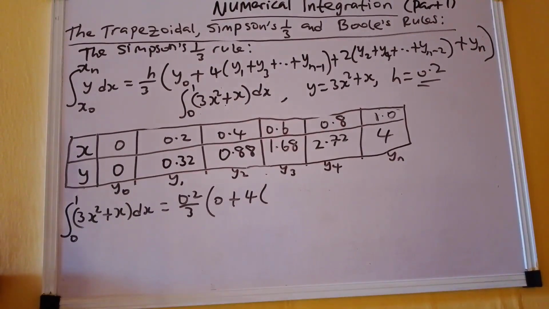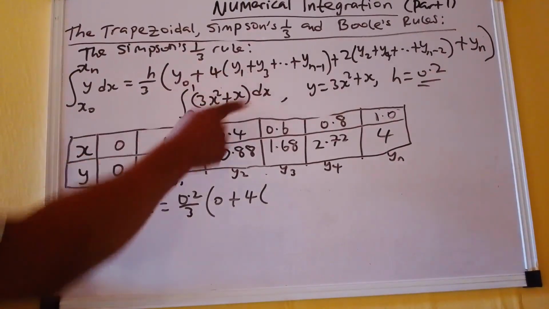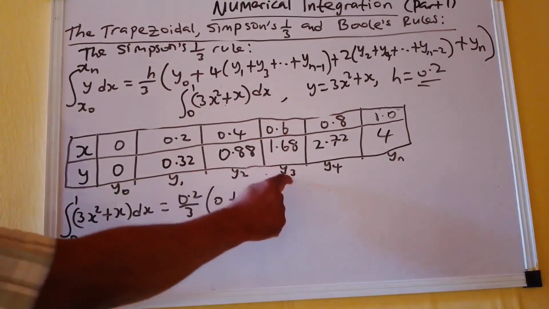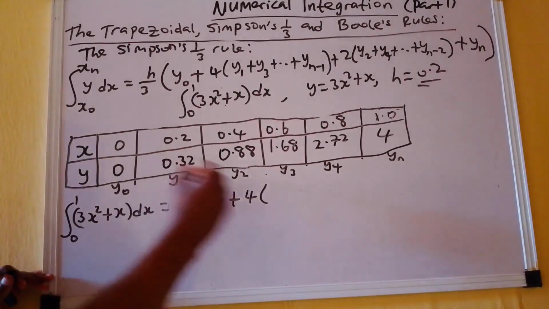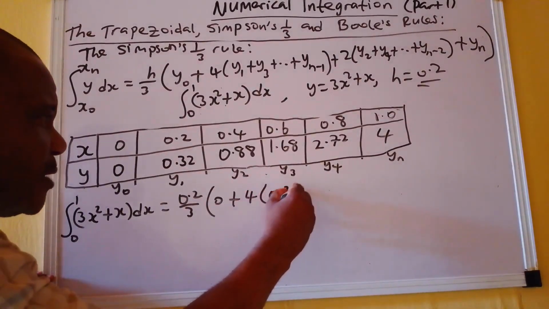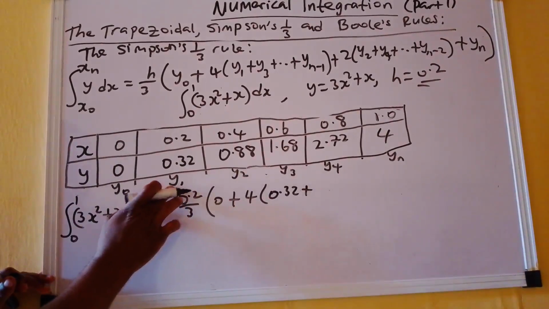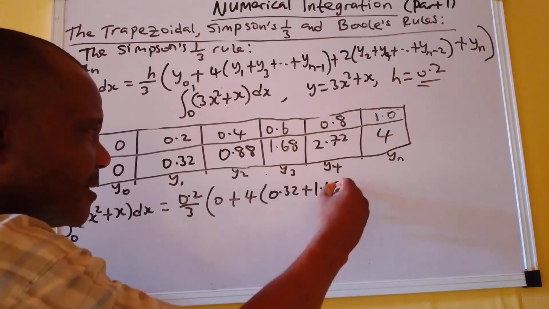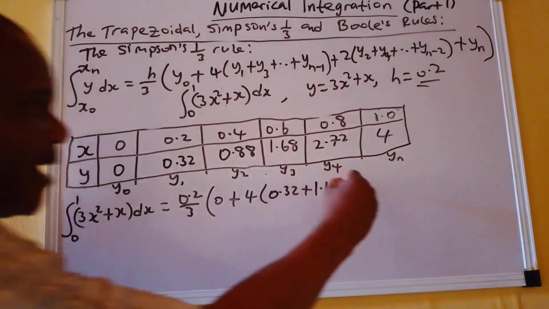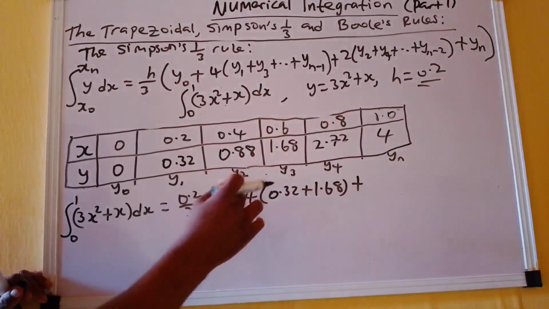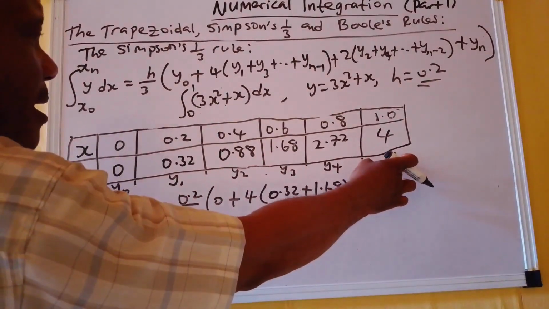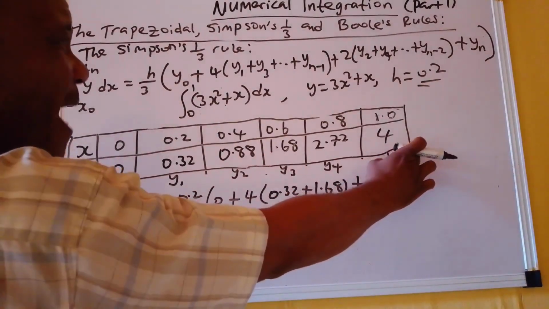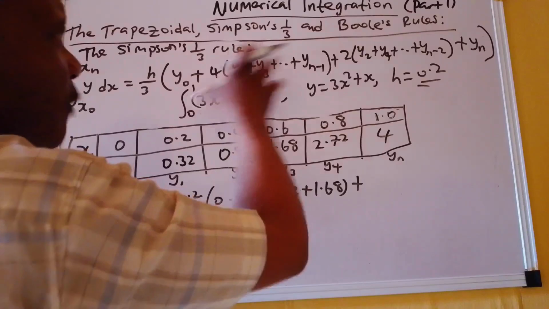So now what is our y1? Look at our y1 and our y3. So this will be 4 into 0.32 plus y3, which is 1.68. You cover it, then plus, those are the only two values. You cannot take the last one as part of it because the yn is reserved, it's not part of the bracket.